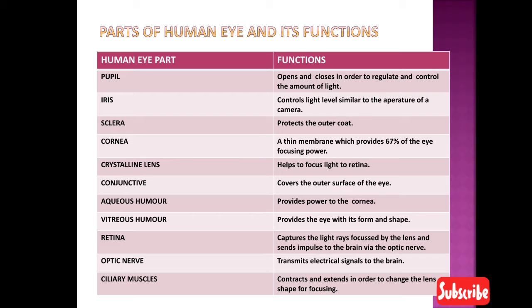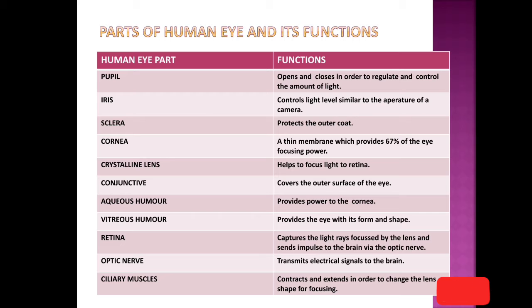Now let us discuss all these parts again and also their functions. Okay, so the pupil opens and closes in order to regulate and control the amount of light. This is the function of the pupil. Next is the iris. The iris controls the light level, similar to the aperture of a camera.